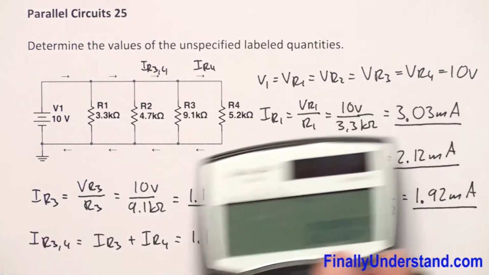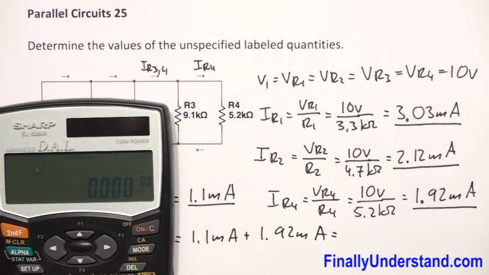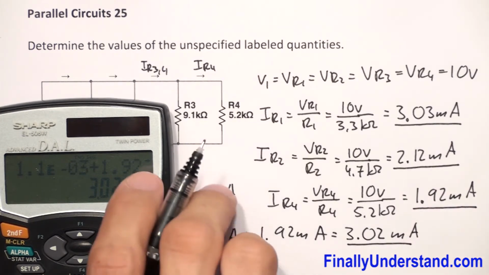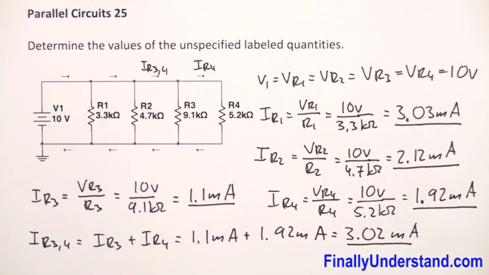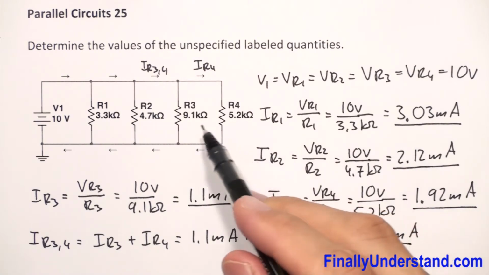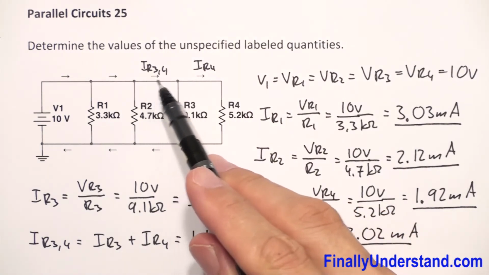Okay, so I have 1.1 times 10 to the power of negative 3 plus 1.92 times 10 to the power of negative 3. Okay, and this is my current, 3.02 milliamps. Okay, so this is the current which will go through this connection.